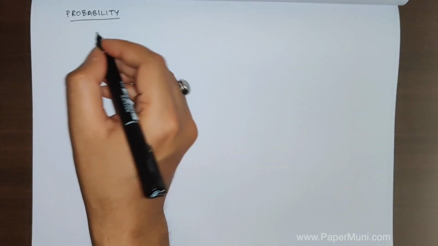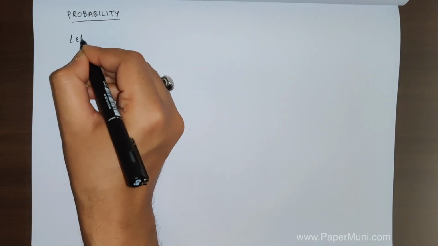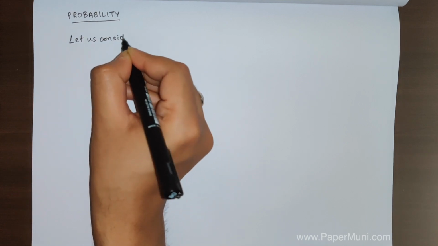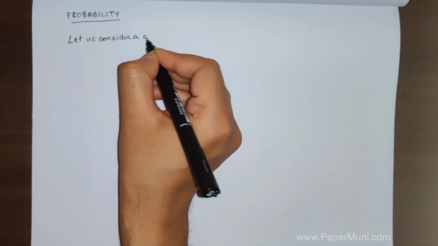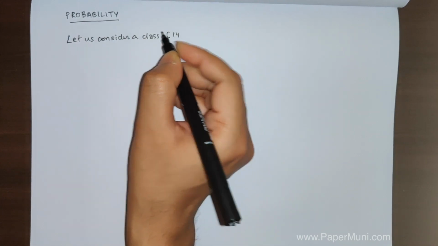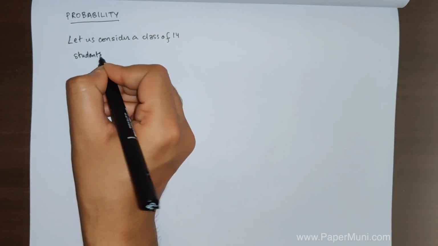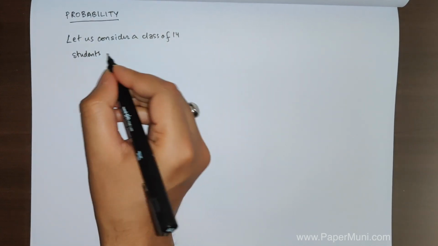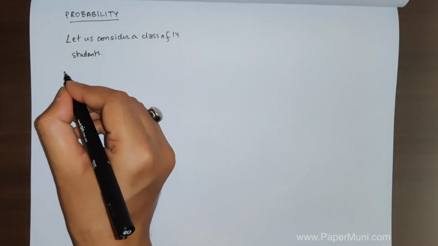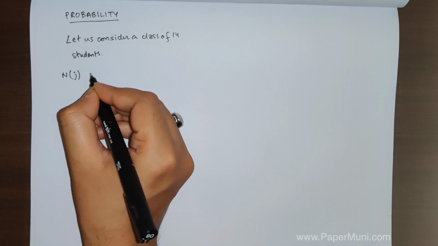Let's consider a class of 14 students. We could have taken any number, but let's consider this example. Let's write a symbol n of j.